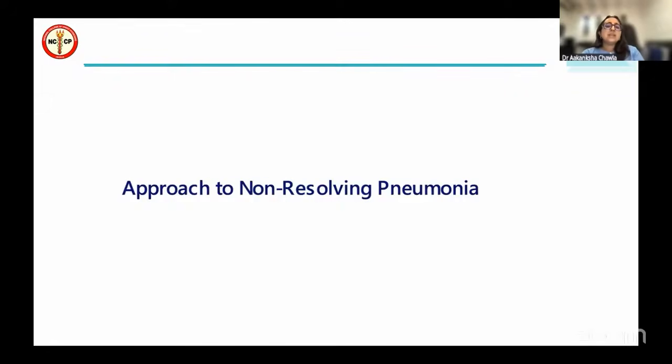So that was in brief about the management of community-acquired pneumonia. Remember, it starts from recognizing the presence, then assessing for severity, understanding whether you need to treat on an outpatient basis or you need to admit.